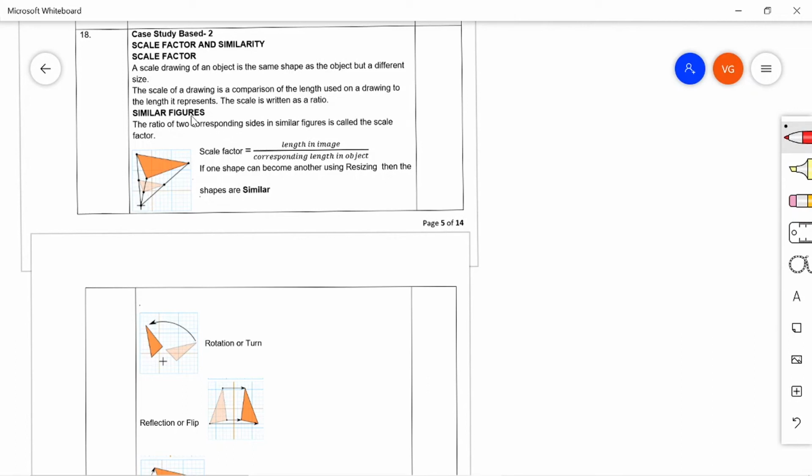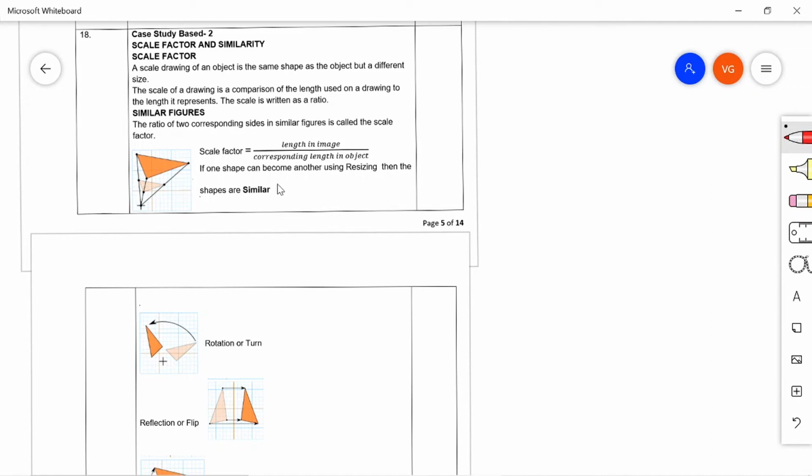Then they have explained about similar figures. The scale of a drawing is a comparison of length that is used to draw the length that it represents. Scale is written as a ratio. Scale factor is equal to the length of the image divided by the original length of the object.